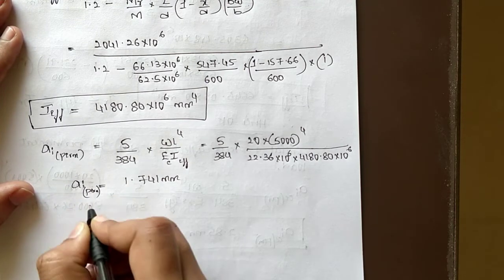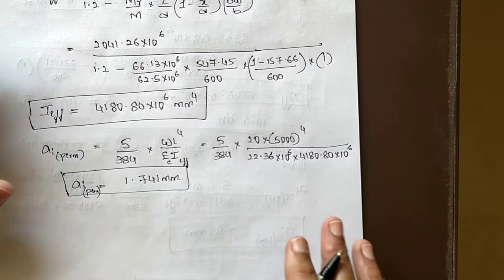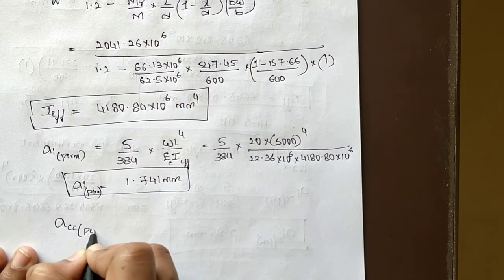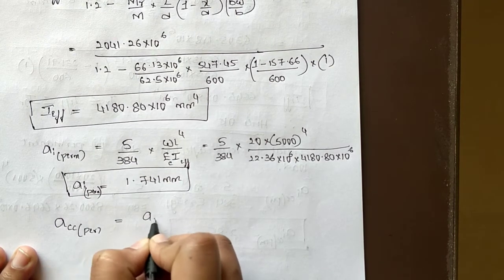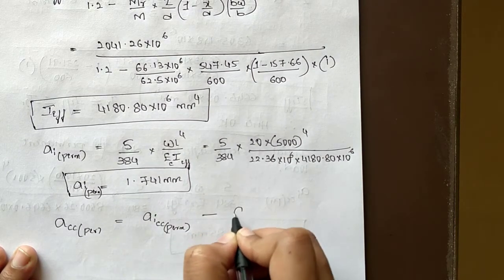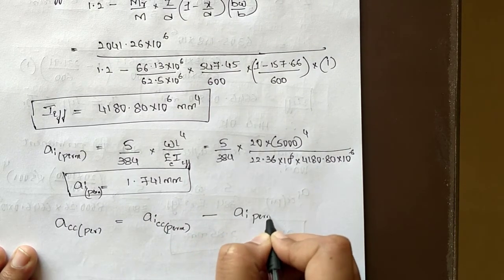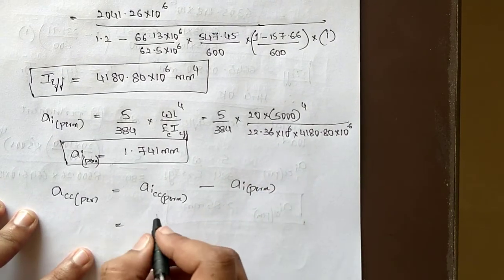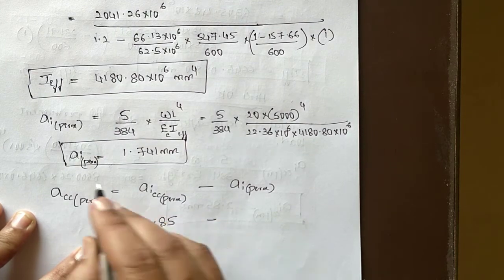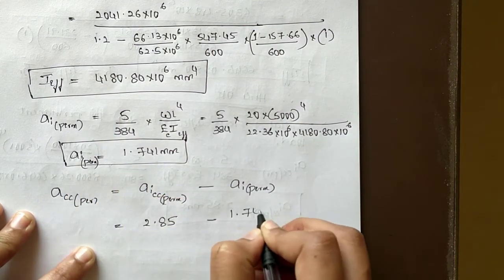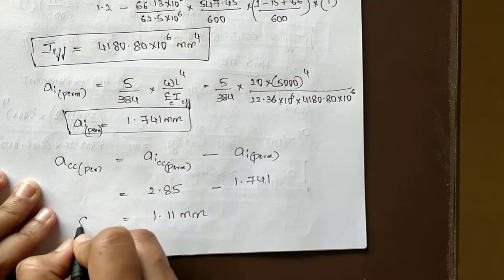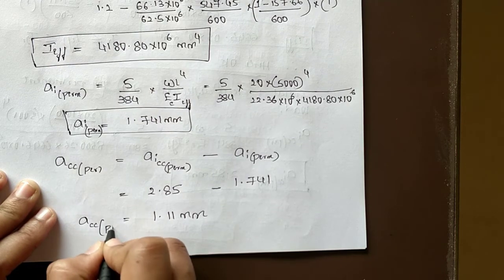Then calculate deflection due to creep. Deflection due to creep, delta CC permanent, is given by delta ICC permanent minus delta I permanent. Substitute: delta ICC permanent you have calculated as 2.85 minus delta I permanent 1.741, you will get 1.11 mm. This is what your deflection due to creep.